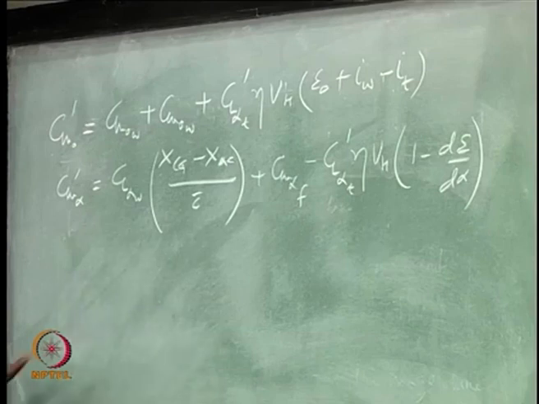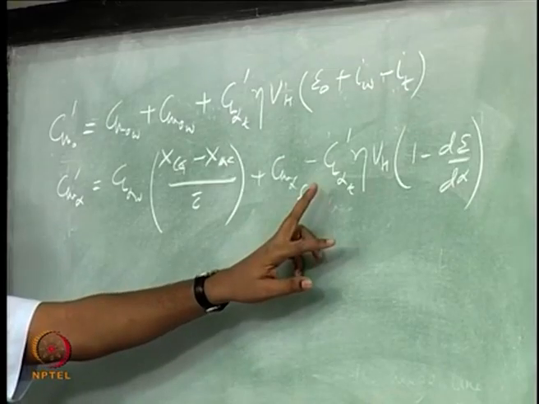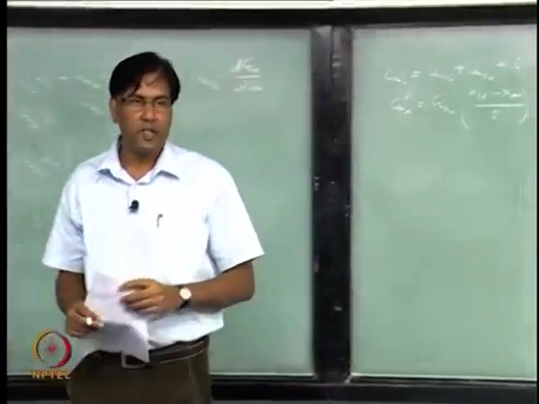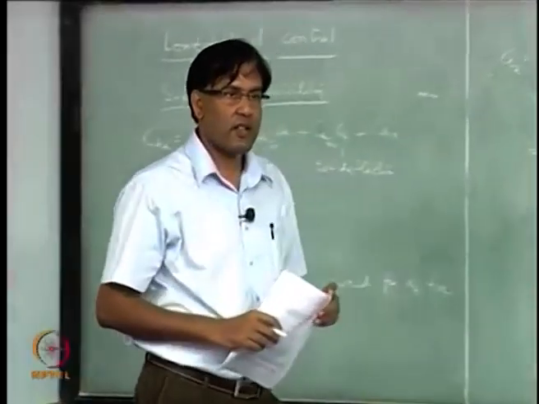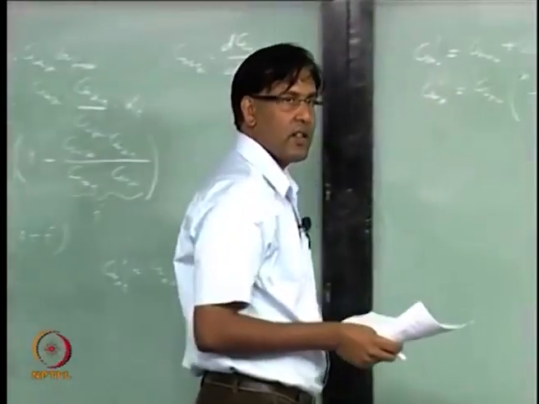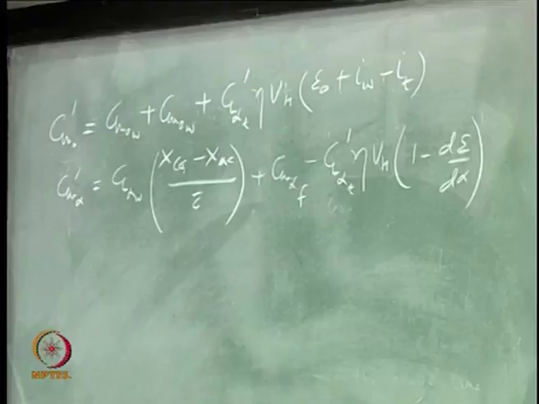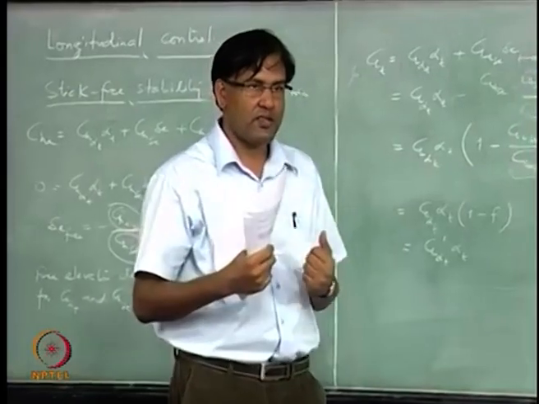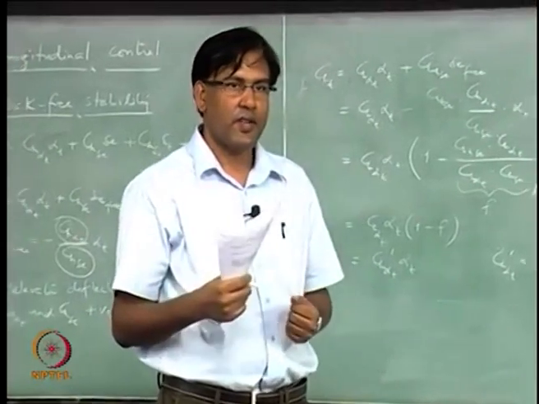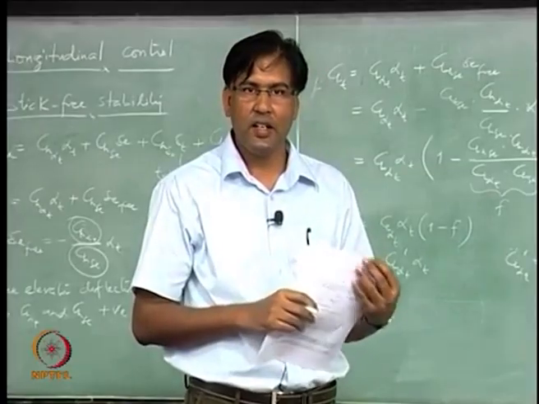So clearly something has changed, right, Cm alpha has changed, right, and that is going to depend upon this new slope of the lift curve for the tail, right. Okay. So I am going to see a change in what? There is something which is changing now, right. What is that?